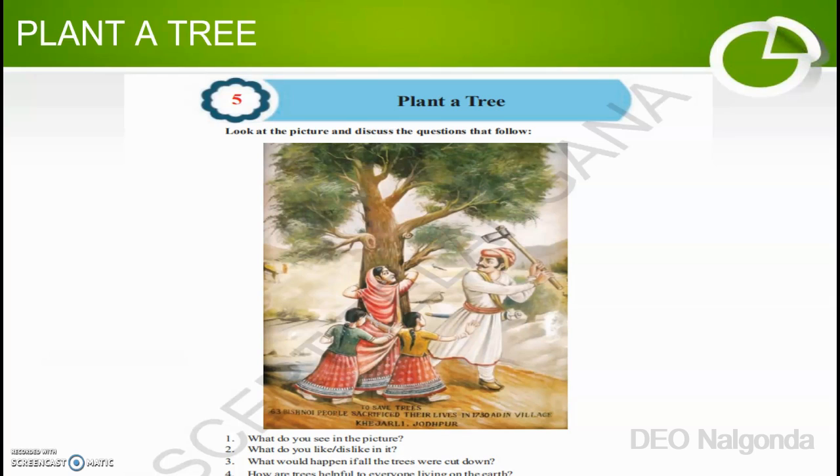Let me tell you, children, what the Chipko movement is. The Chipko movement was a non-violent agitation in 1973. The aim of the Chipko movement is the protection and conservation of trees. Hope you understand the face sheet. Now move on to the next.